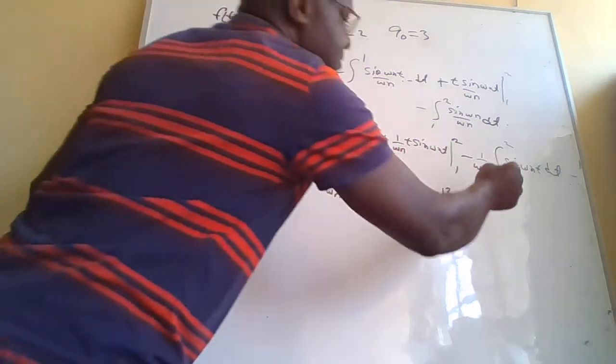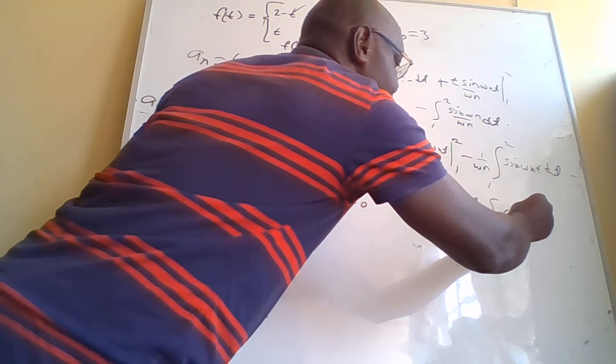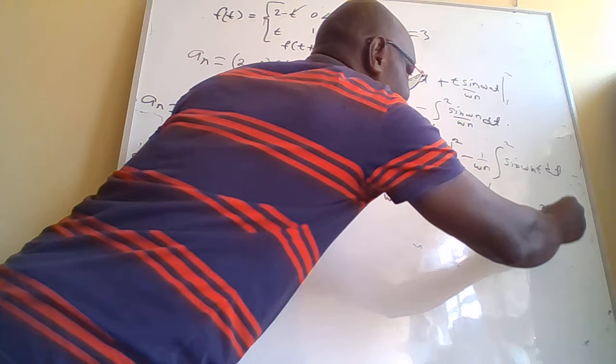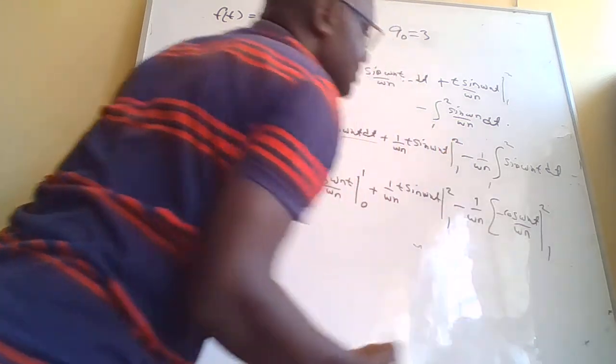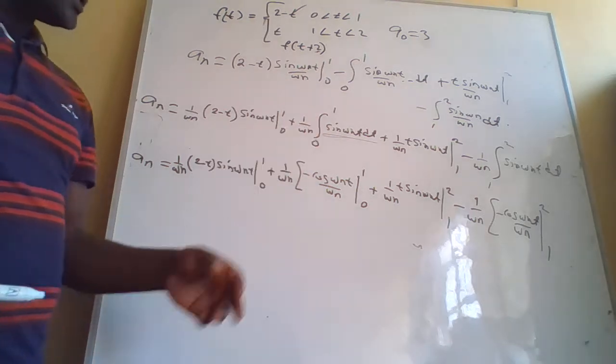Then when you integrate this, you get minus cos(ω_n t) over ω_n. So that's what we have. So we are through with the integration.